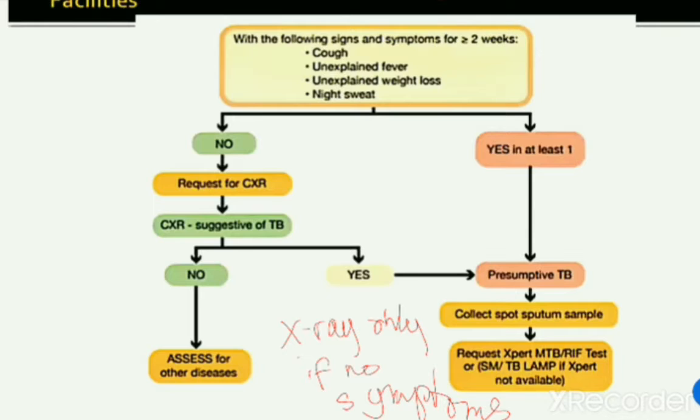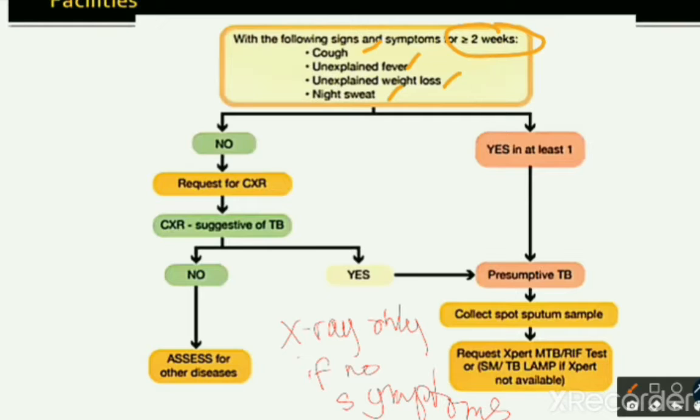So in short, in adults, we are expecting any of these signs and symptoms as long as the patient is having them for more than or equal to 2 weeks: cough, unexplained fever, unexplained weight loss, and night sweats.